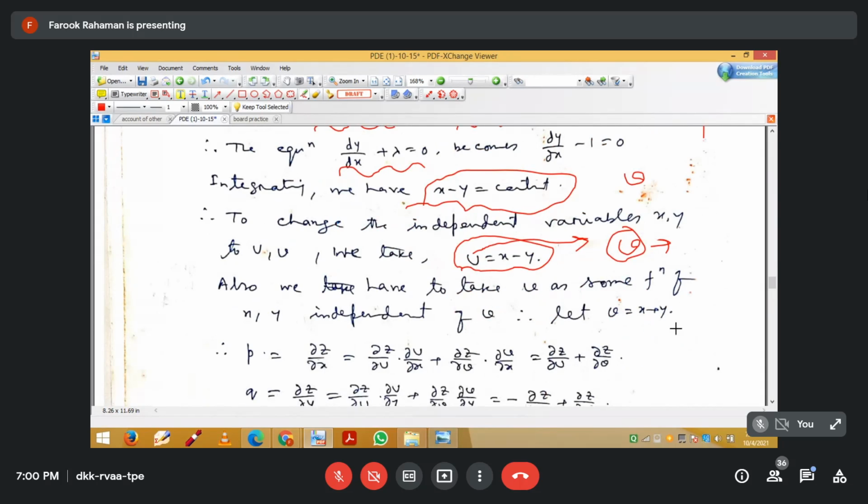The simplest choice is v equal to x plus y. Then u and v are independent for this choice. Now, I will just repeat it. Alpha is a vector, beta is a vector. What is the criterion for these vectors to be independent?